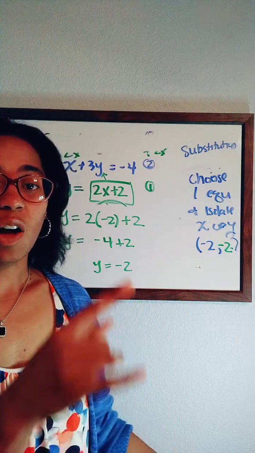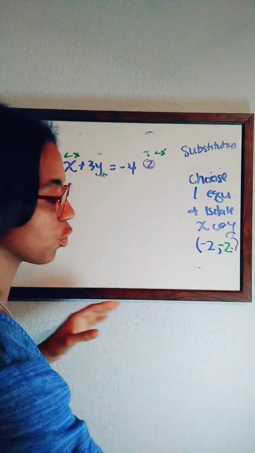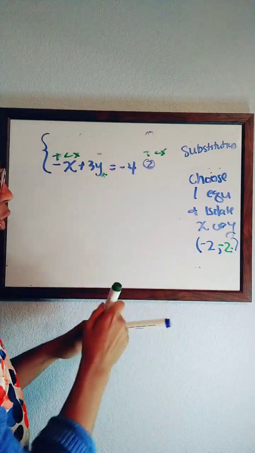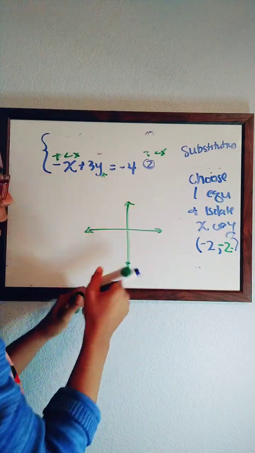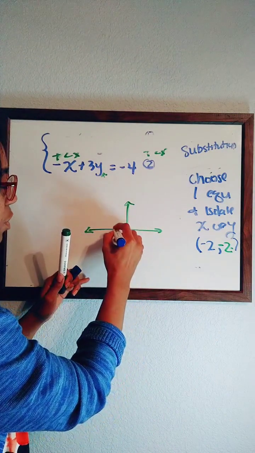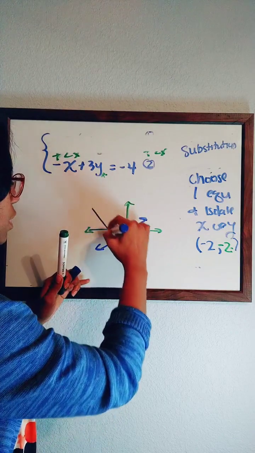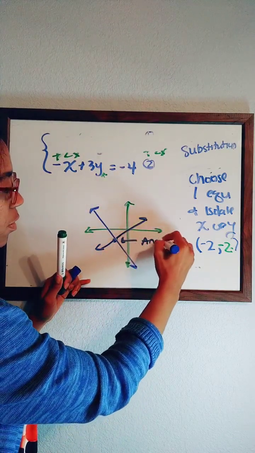So on something like this, what you were trying to find is just what the answer is. These are two separate lines that would be on a graph. What would happen is that this point is going to be at -2, -2, which means that my graphs intersect, and that's the answer.